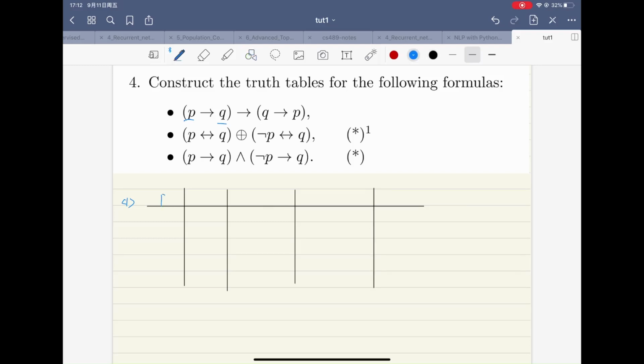So we have P, Q here, P implies Q here, and Q implies P here. Then we have P implies Q implies Q implies P. Alright. So false, false, false, true, true, false, true, true.